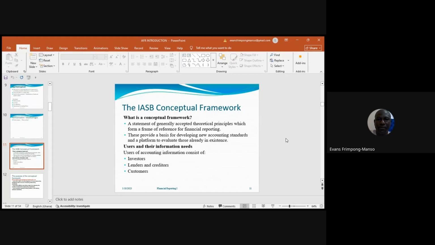So what do we mean by the conceptual framework? They are what we call generally accepted accounting principles. So all the generally accepted accounting principles that you know came from the conceptual framework. The conceptual framework is a statement of generally accepted theoretical principles which form a frame of reference for financial reporting.